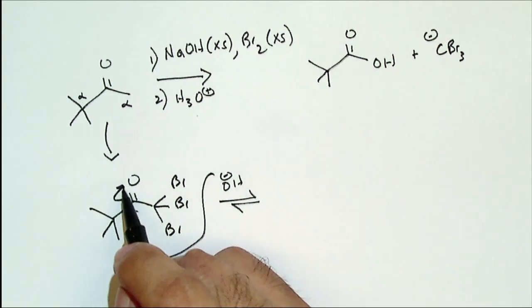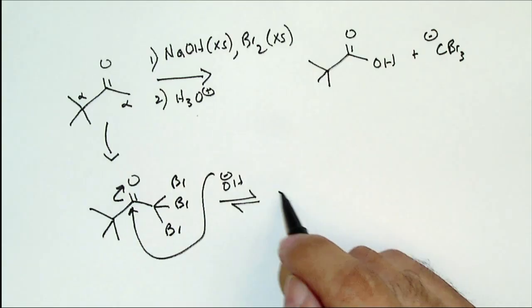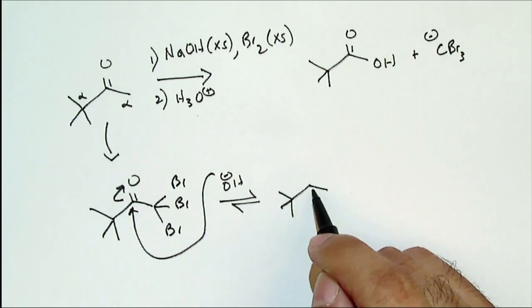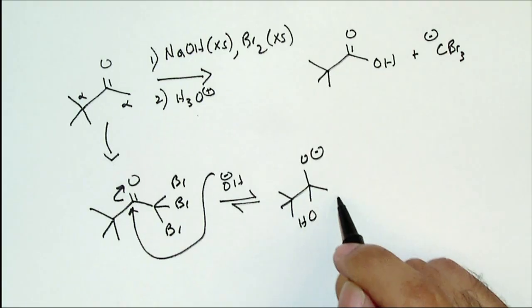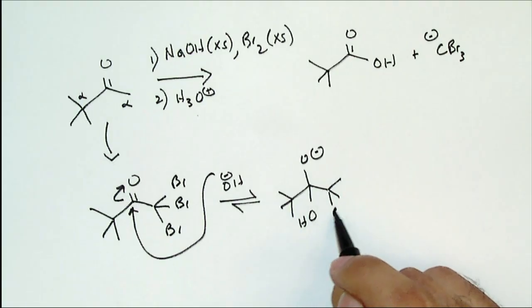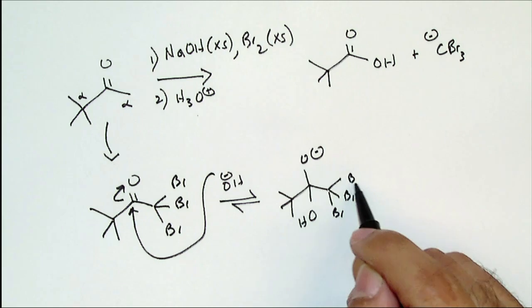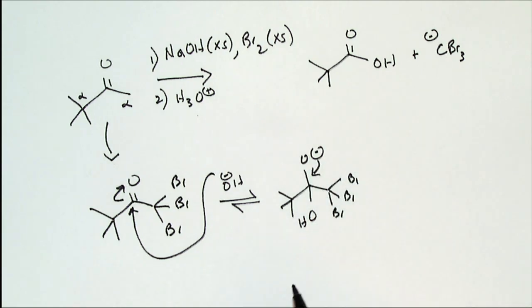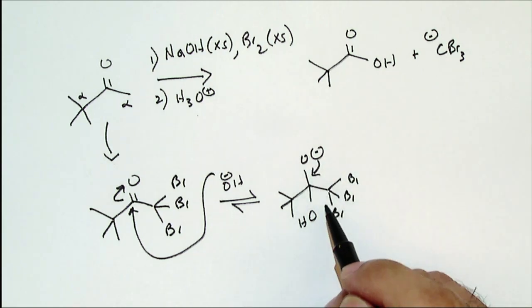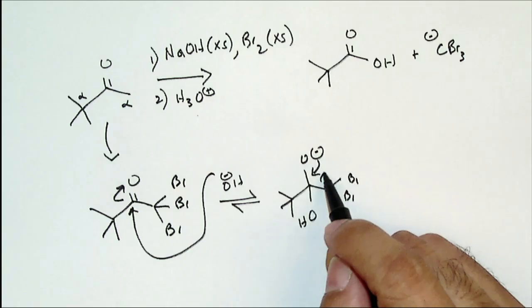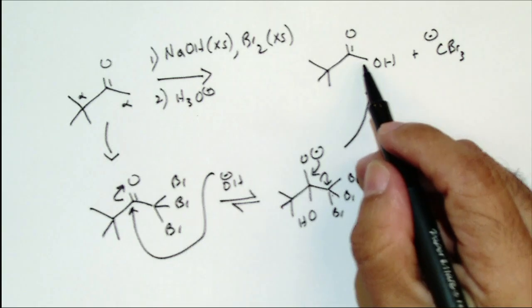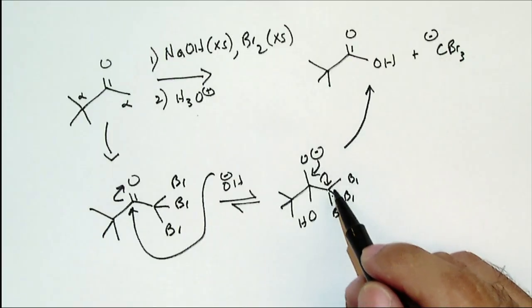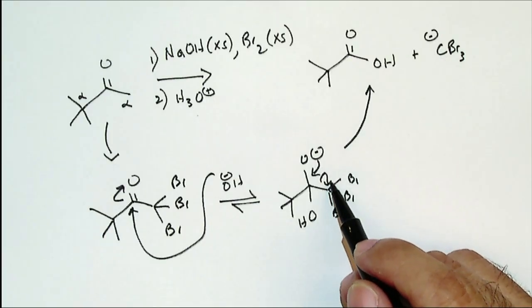You're going to kick these electrons up on your oxygen. And so that is going to generate O minus, OH here, and you have that carbon with 3 bromines. So this will reform your carbonyl to give you the acid, and these electrons are going to be kicked in here. So you end up getting carboxylic acid here, carbon with 3 bromines and a minus charge on it.